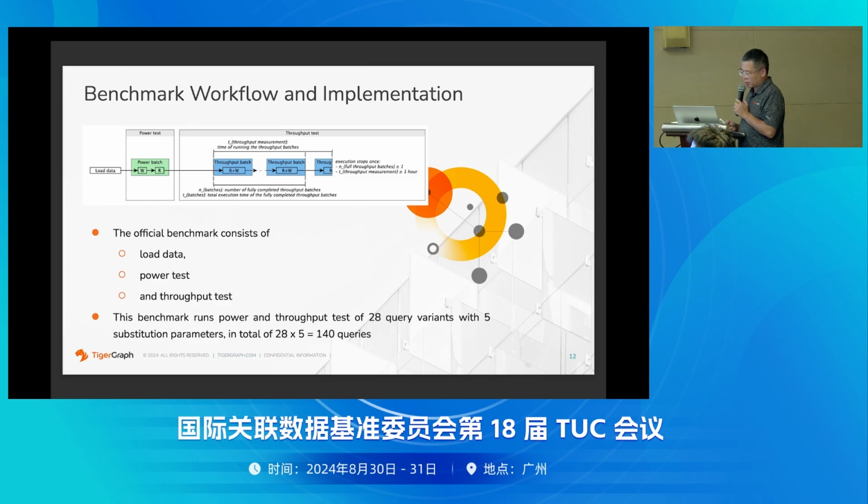This benchmark runs the power and the throughput tests of the 20 query variants with 5 substitution parameters. In total, there are 140 queries.